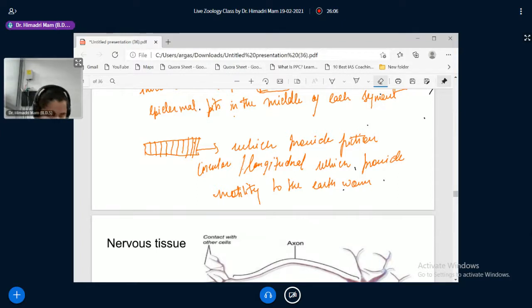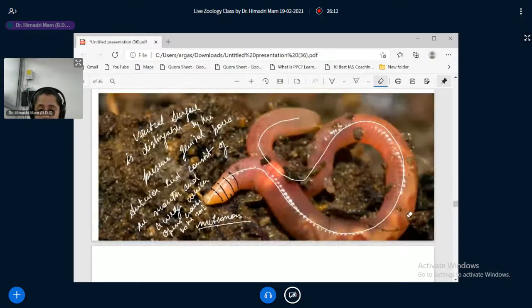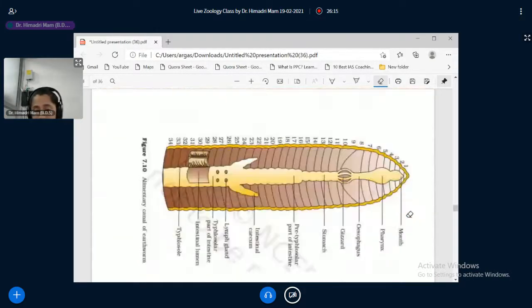Clear? Right. Now, can you appreciate this alimentary canal? Right. Now, the whole alimentary canal is divided into small sections. Right.